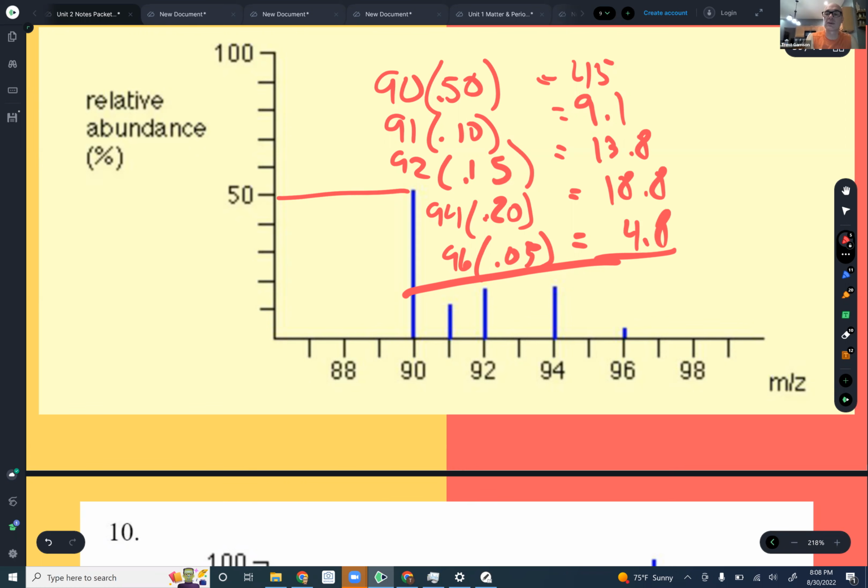Add all those together: 45 plus 9.1 plus 13.8 plus 18.8 plus 4.8, and what we get is 91.5 as the average atomic mass.